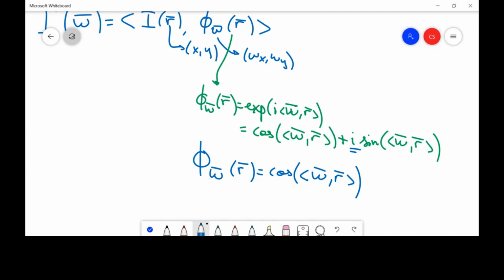So it is taking the real part of the basis function of the Fourier transform. So this is just the real part. Okay, good. So this is the basis function of the DCT, and this is the basis function of the Fourier transform. There is a relationship between the two: this is the real part of the other one.